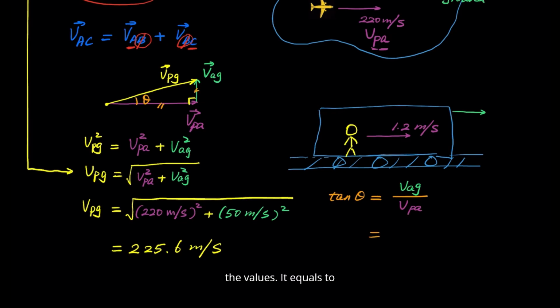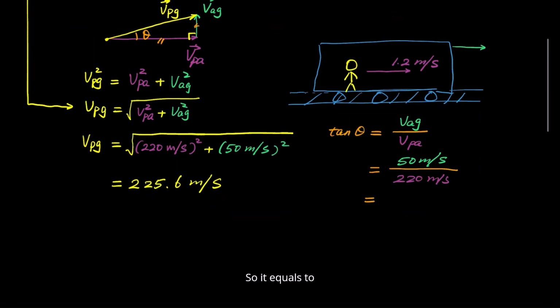It equals 50 meters per second for VAG, divided by VPA, which is 220 meters per second. So it equals 0.227. To find the angle theta, we'll take the inverse tangent of 0.227.